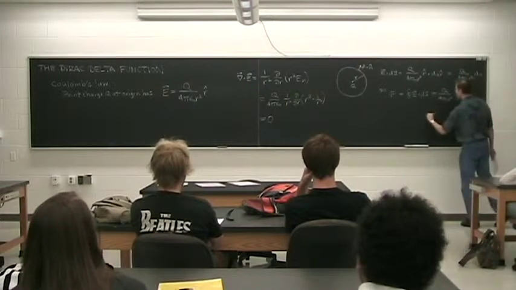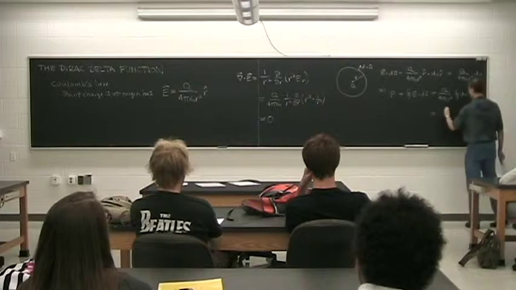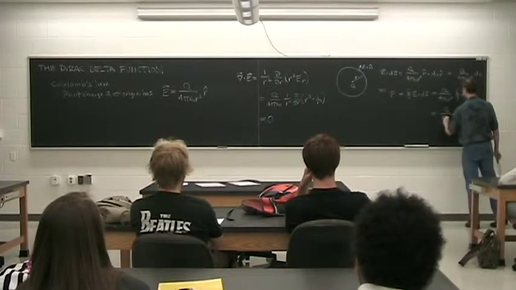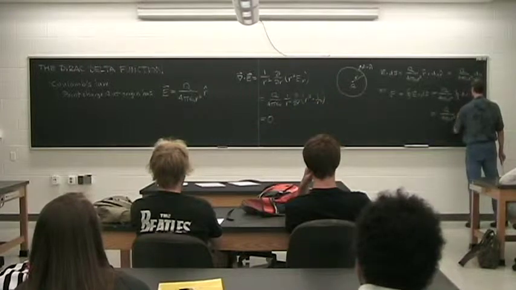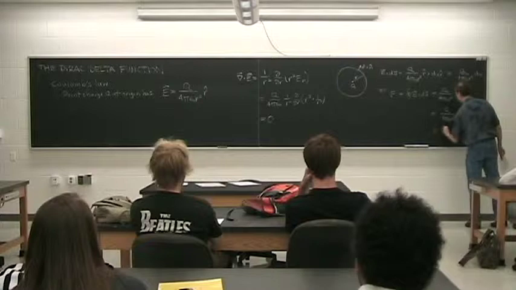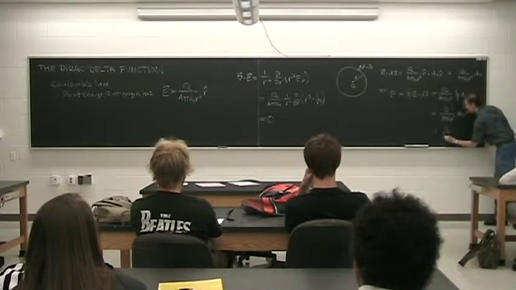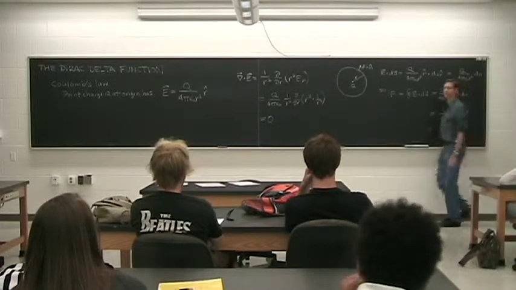But if I add up dA for the entire surface, that is the area of the surface, and so you just get Q over 4 pi epsilon naught r squared times 4 pi r squared, the area of the surface. The r squareds cancel, and the 4 pi's cancel for that matter, so you just get Q over epsilon naught.